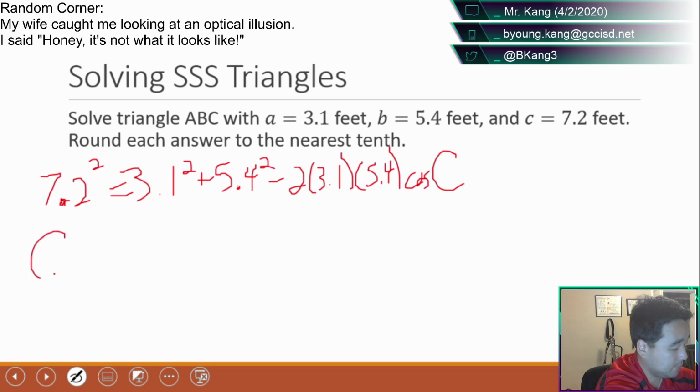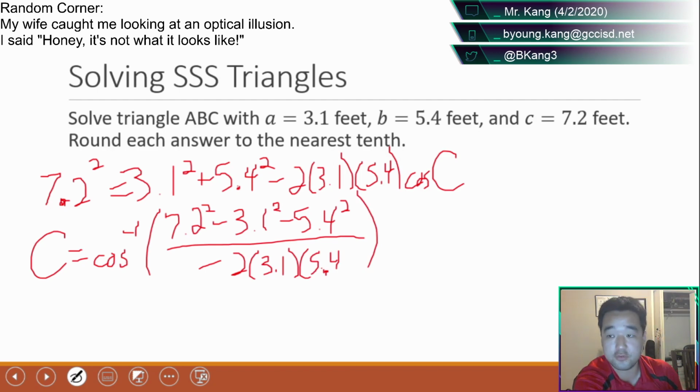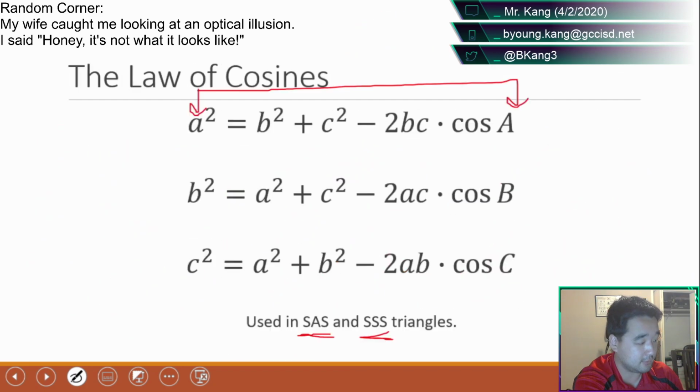So you end up getting inverse cosine of 7.2 squared minus 3.1 squared minus 5.4 squared. And then the denominator has negative 2 times 3.1 times 5.4. And remember, that 2 is just part of the formula. That 2 is a constant here. See, there's a 2 on every single version.